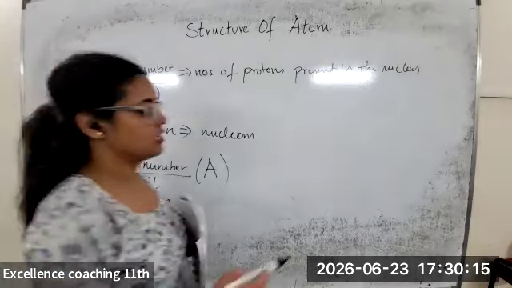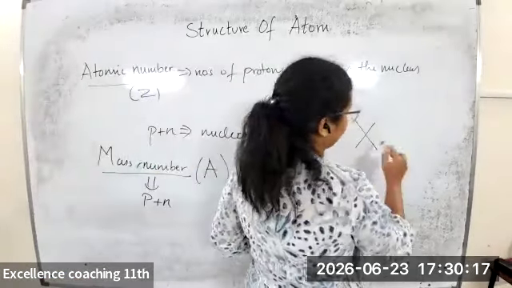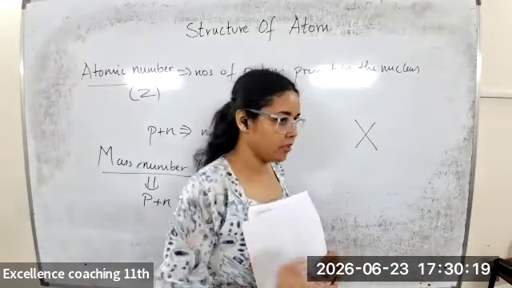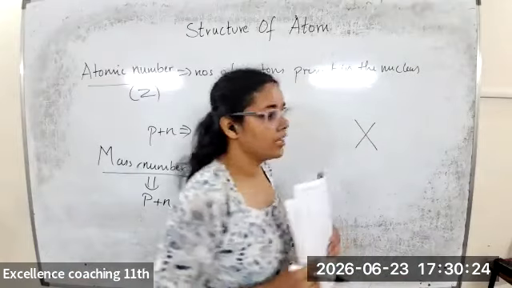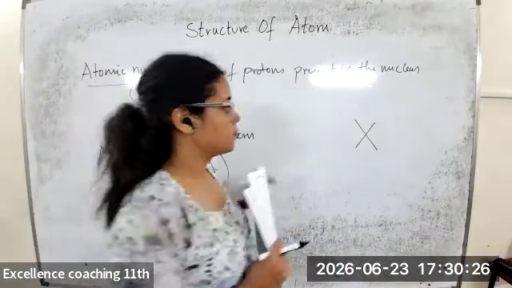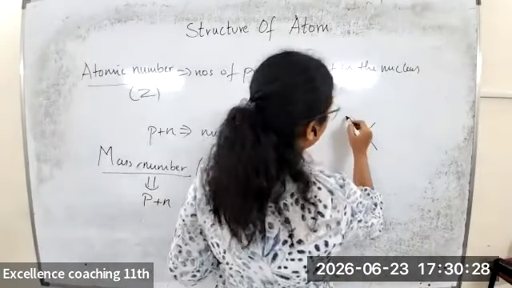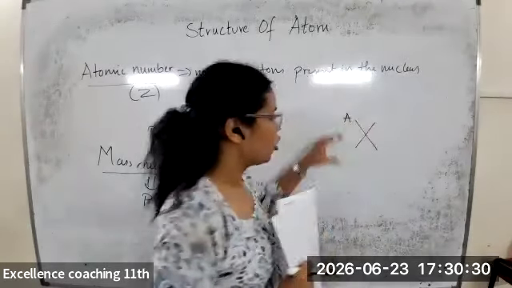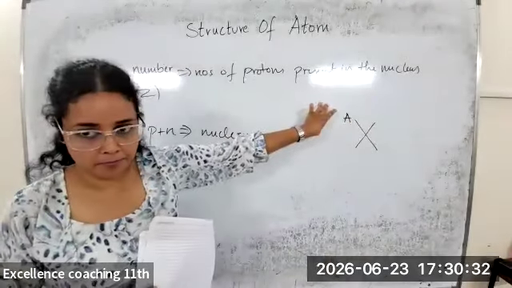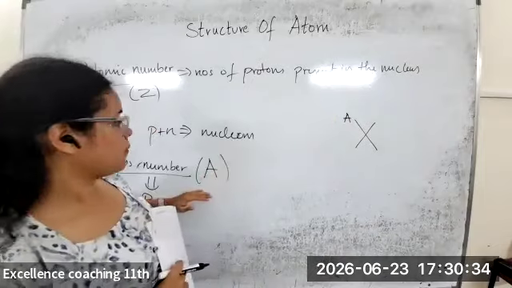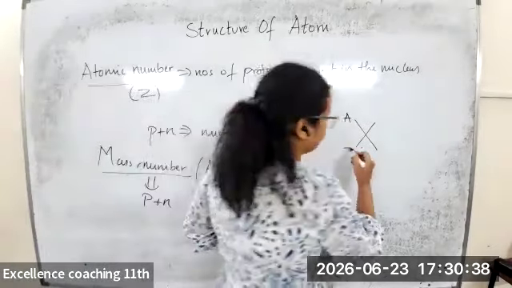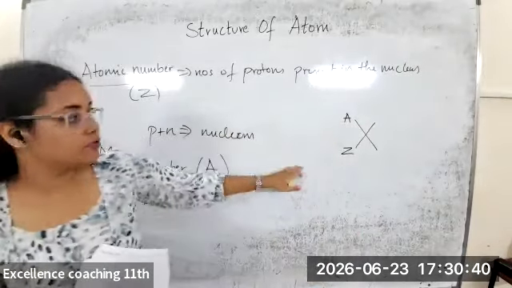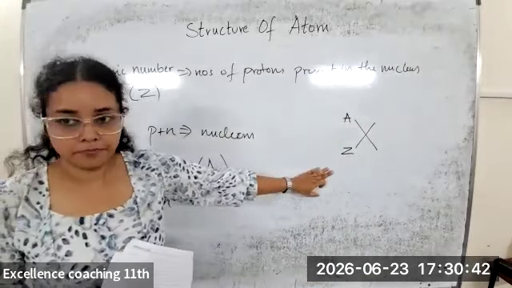Now, another thing is when I want to represent any element, for example X. X is my element. How will I represent it? On top it will always be A, which is your mass number, and your Z will be down, which is your atomic number.